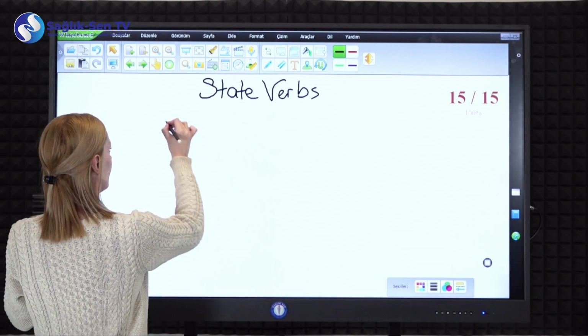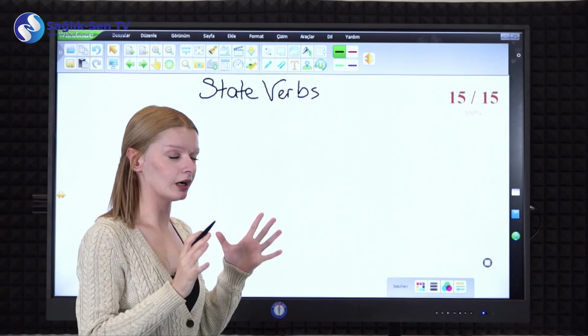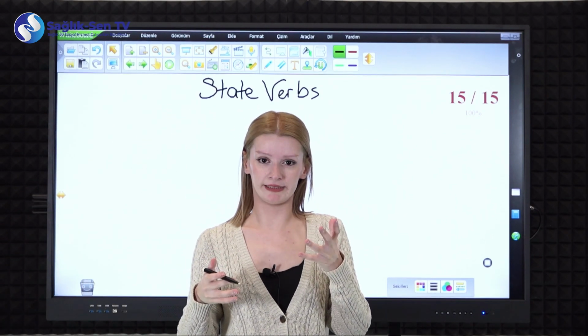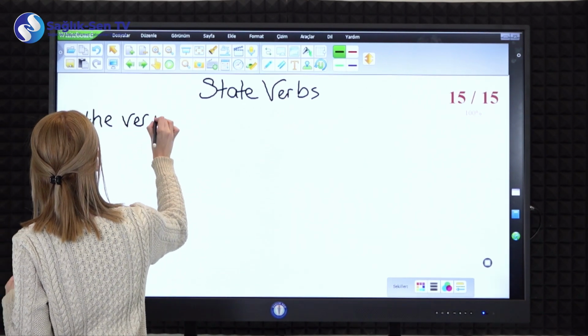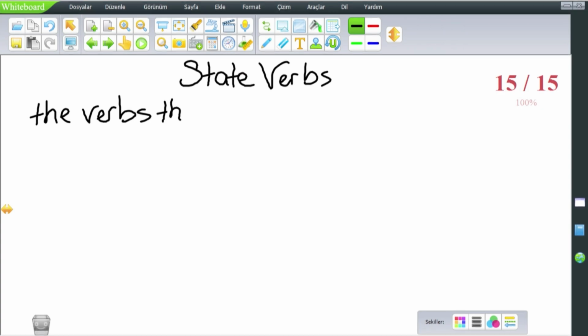State verbs are the verbs that cannot become progressive. The verbs that cannot become progressive.